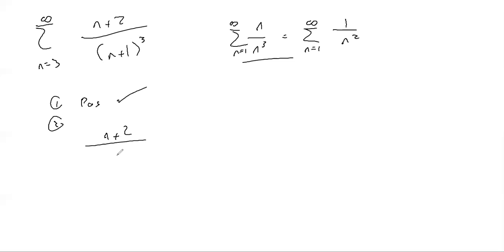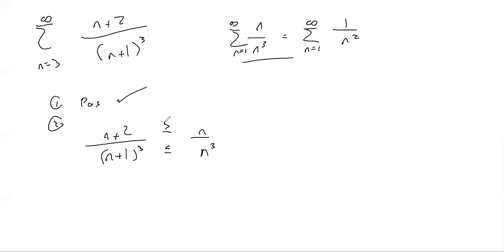What inequality do I have going here? Well, let's see. On the one hand, this numerator is bigger, right? So I'm tempted to say that this is bigger than that. But on the other hand, this denominator is bigger, so that makes me think maybe it's this.